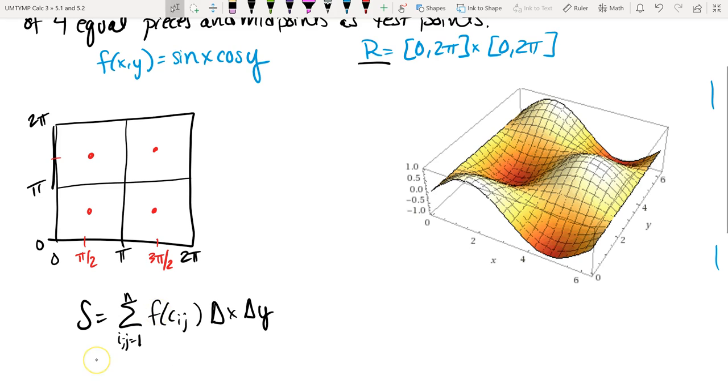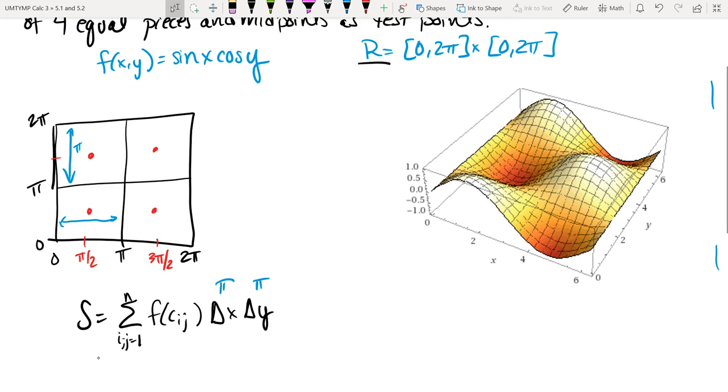Well, delta x and delta y, I think those are the same for each of these, right? Delta x is the width of each interval. So if I look at delta x, that's going to just be pi, and similarly delta y is also going to be pi. So that's pretty nice.